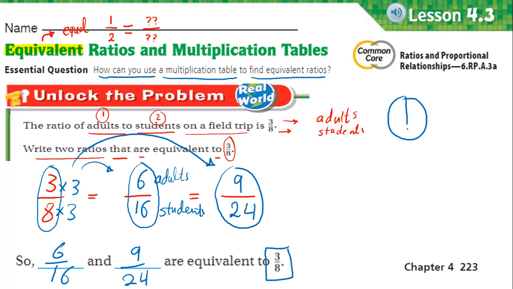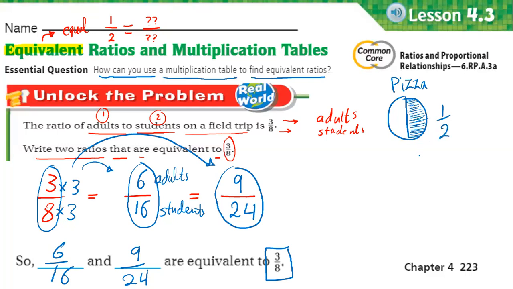Imagine, what is this? Pizza. When I cut it into two equal parts and I want to eat this part, what fraction should I represent this part?